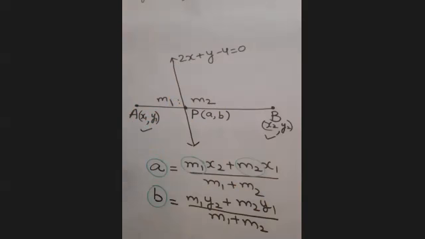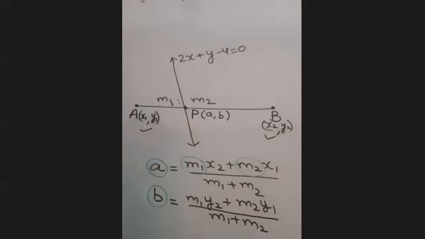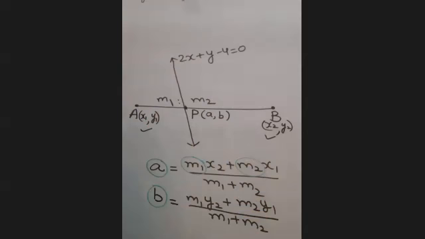By the knowledge of linear equations in two variables, when we have drawn graphs, we know if two lines intersect at a point, what happens? This common point is the solution. This unique point of intersection is known as the solution. And this point of intersection must be lying on this line as well as the line segment, beta.